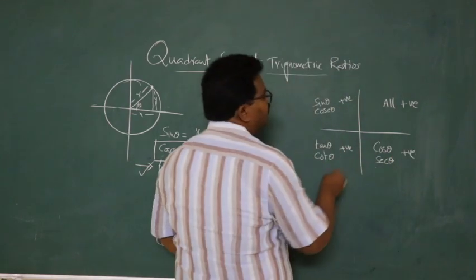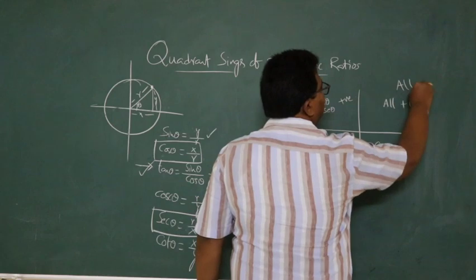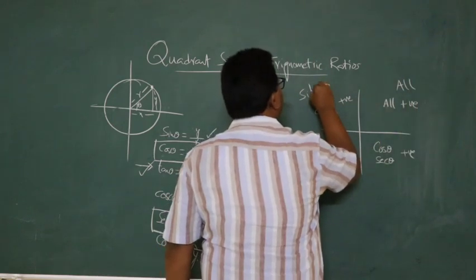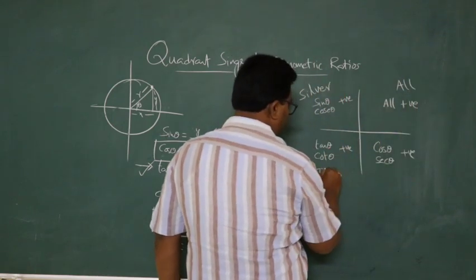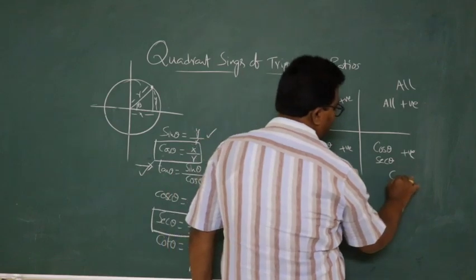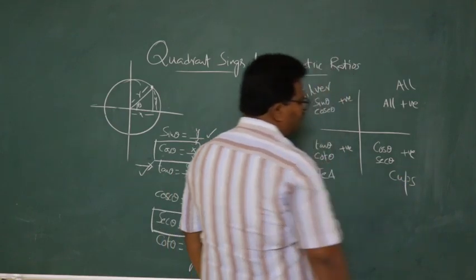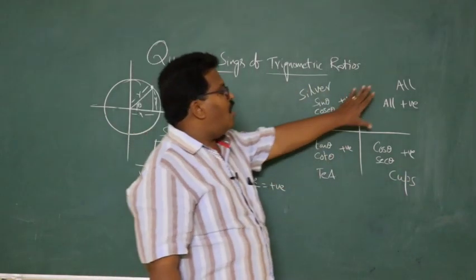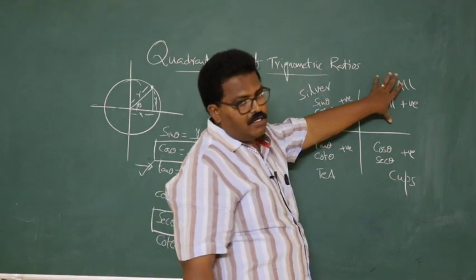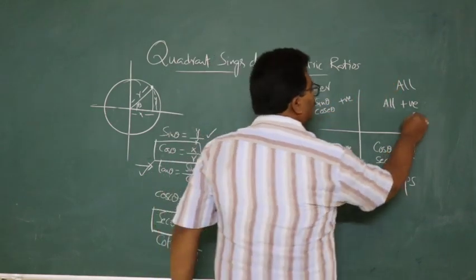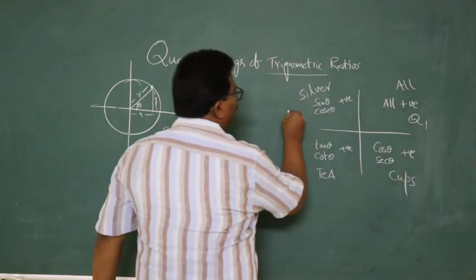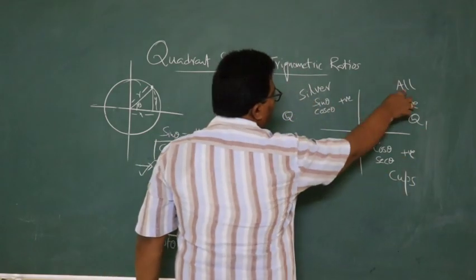So how to remember this? By using "all silver tea cups" we can easily remember. All means all trigonometric ratios are positive in Q1. In Q2 only silver.